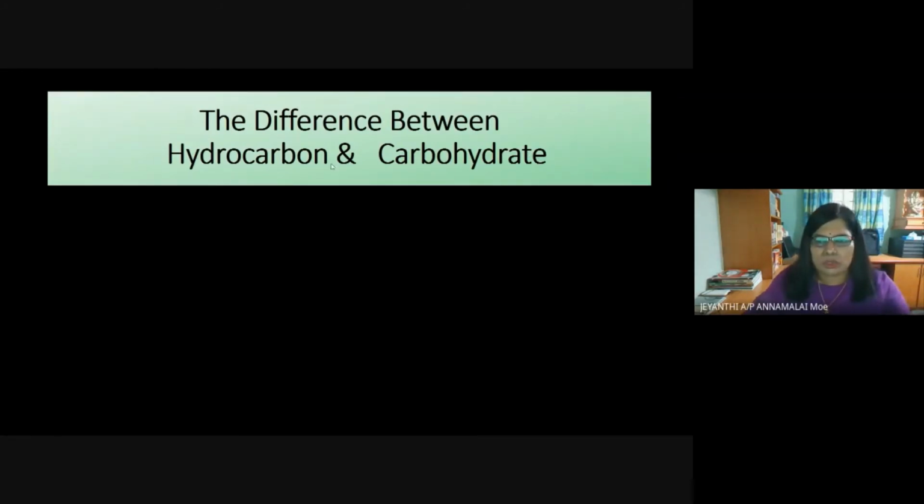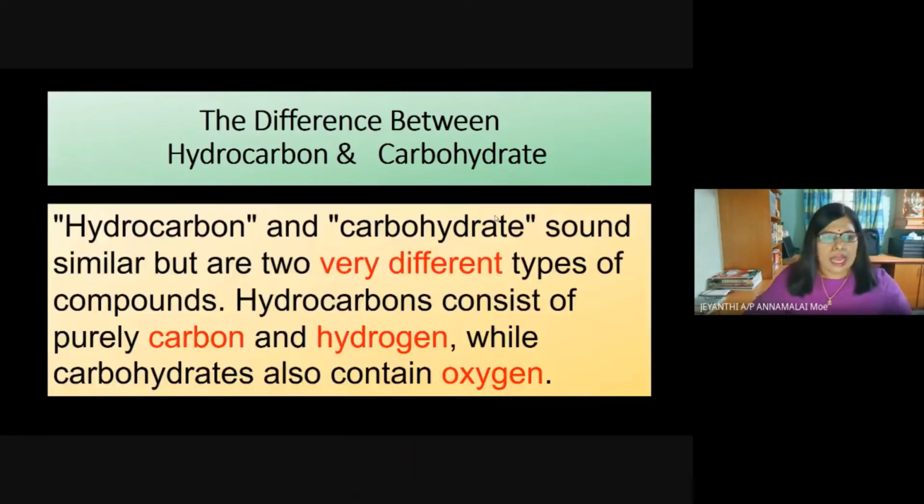You see the names, hydrocarbon, carbohydrate. Here hydrogen, carbon. Here carbon, hydrogen. So hydrocarbon and carbohydrate sound similar, but they are two very different types of compounds. Hydrocarbons consist of purely carbon and hydrogen, while carbohydrates also contain oxygen.